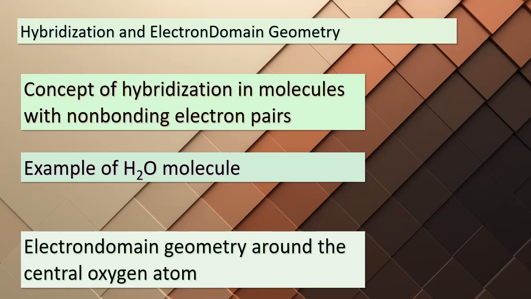We can envision the four electron pairs around the oxygen atom occupying sp3 hybrid orbitals. Among these, two hybrid orbitals contain non-bonding pairs of electrons, while the other two form bonds with the hydrogen atoms, giving rise to the unique structure of H2O. This concept allows us to better comprehend the intricate arrangements of electrons within molecules. Let's move forward and explore more captivating examples.